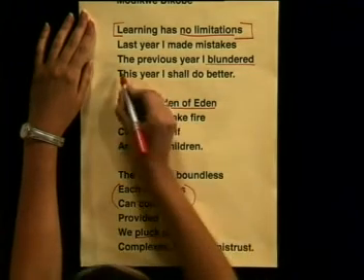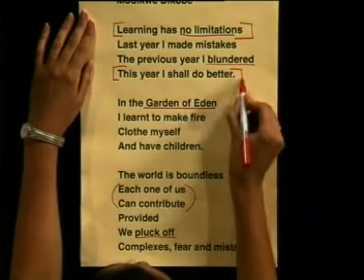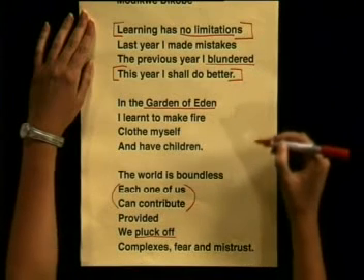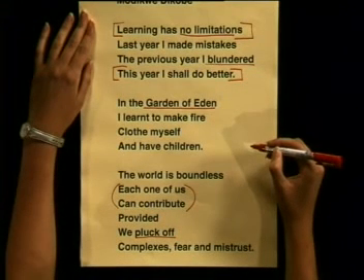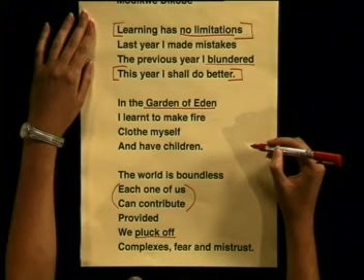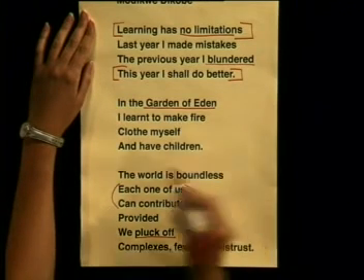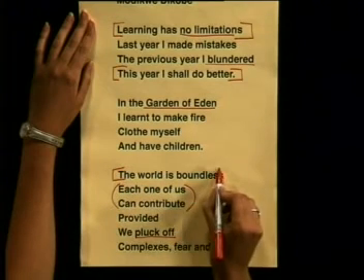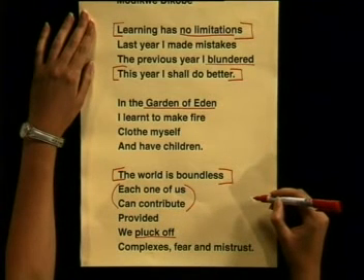He writes, "This year I shall do better." Stanza 2 deals with the poet's idea of how human history has evolved, and then he makes the very optimistic statement to open stanza 3. Without restrictions and limitations on the ability of people to achieve, the world is boundless.